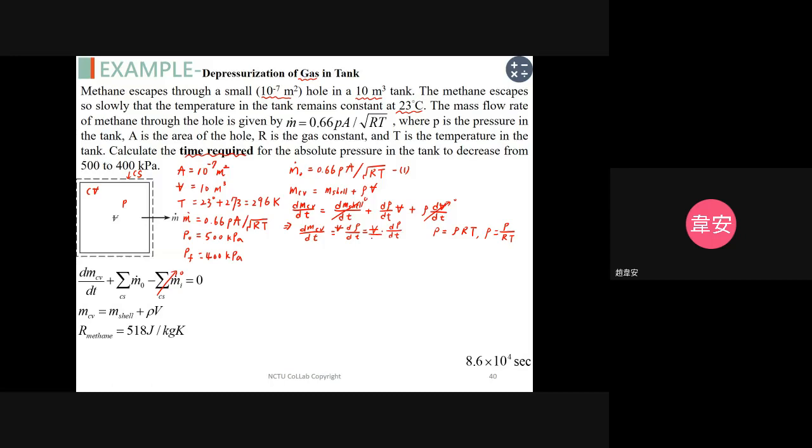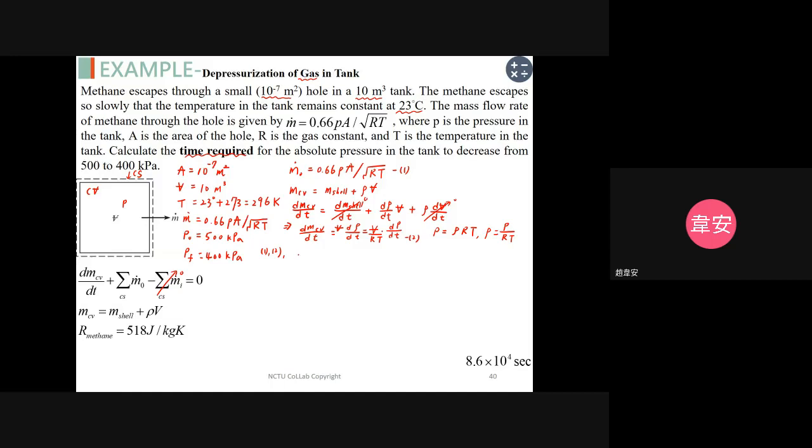So here it is divided by RT. Okay, this is our equation 2. So we have equation 1 and equation 2, and we put them back into the continuity equation showing here.